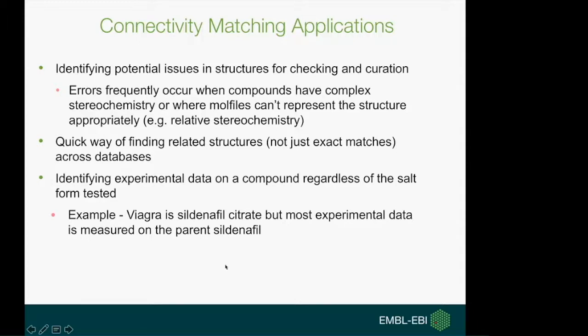Viagra, as in the drug molecule that's sold, is actually sildenafil citrate. If you put that into a lot of databases like ChEMBL, you'll find a little bit of data, but not most of it. Most of the experimental data is actually measured on the parent molecule. So having this ability to identify salts of a particular compound is quite useful.